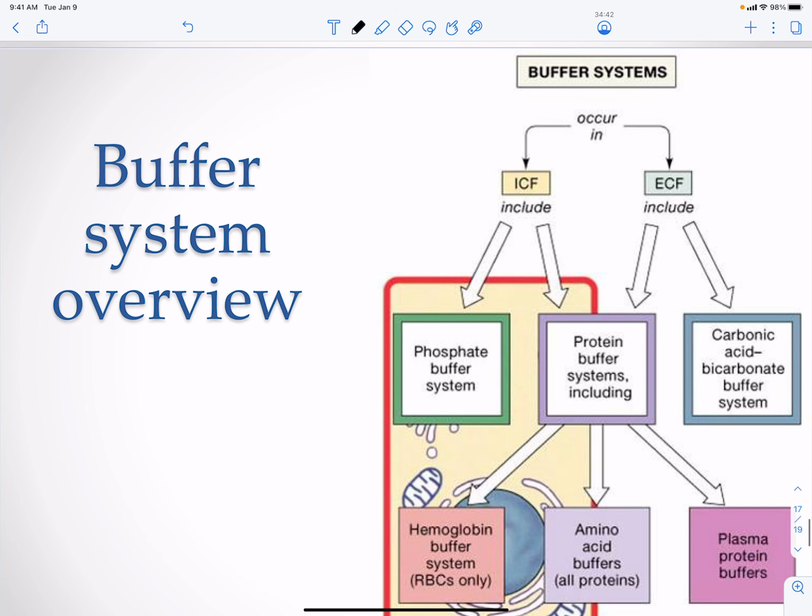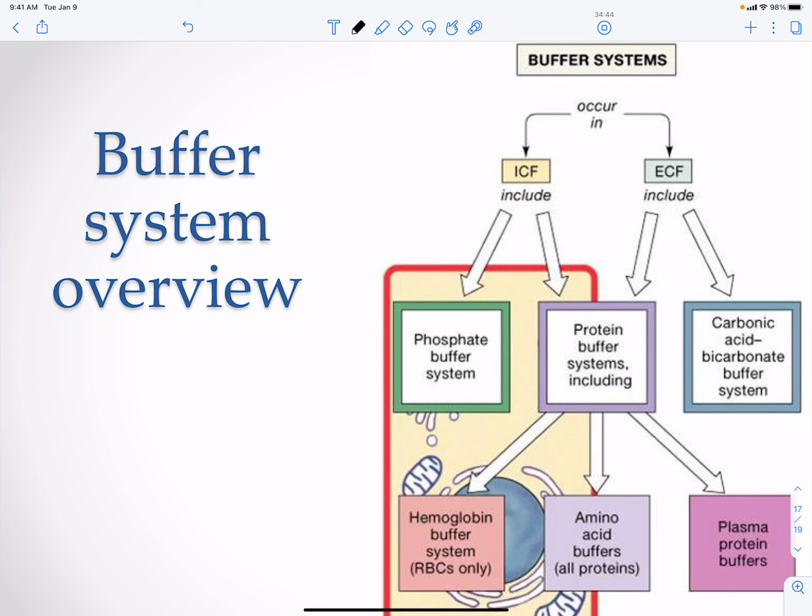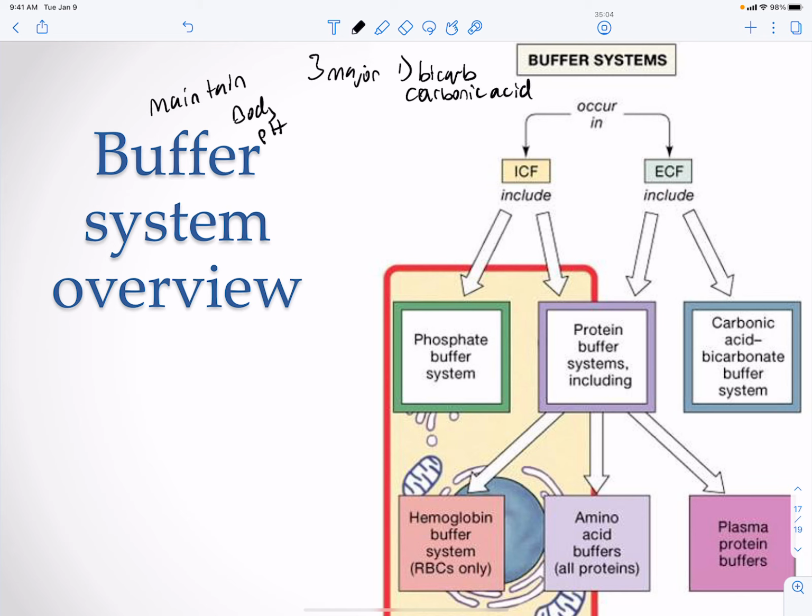All right, so overview of buffering systems. Buffers are going to maintain body pH. There are three major ones. We have the bicarbonate-carbonic acid system, we have our phosphate system, and we have proteins.